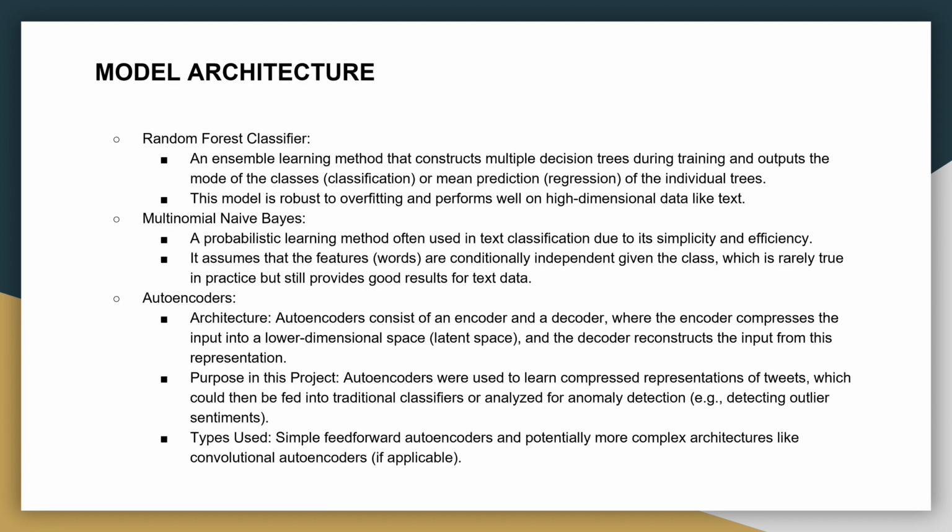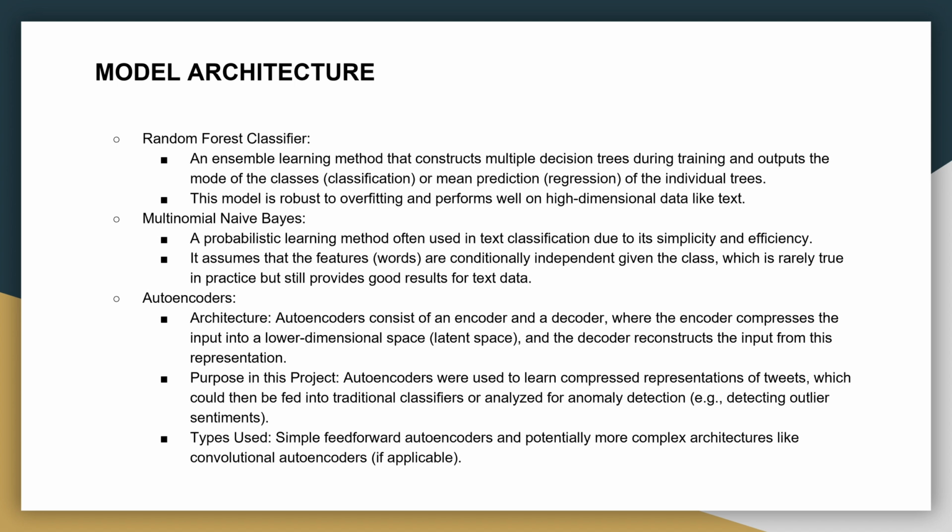Model architecture. First is the random forest classifier. Let's now discuss the models we used, starting with the random forest classifier. This is an ensemble learning method that constructs multiple decision trees during training. Each tree is trained on a random subset of the data, and the final prediction is made by averaging the predictions of all trees.